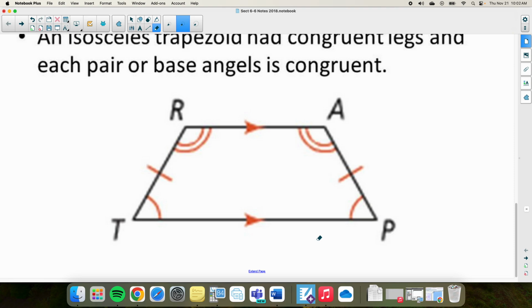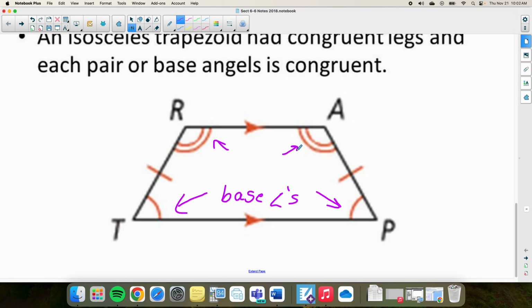So these two are congruent, these two are parallel, and then you don't have to write this part, but notice that your two base angles here are congruent, okay? As well as your two base angles there are congruent. So make sure you have those marked too.